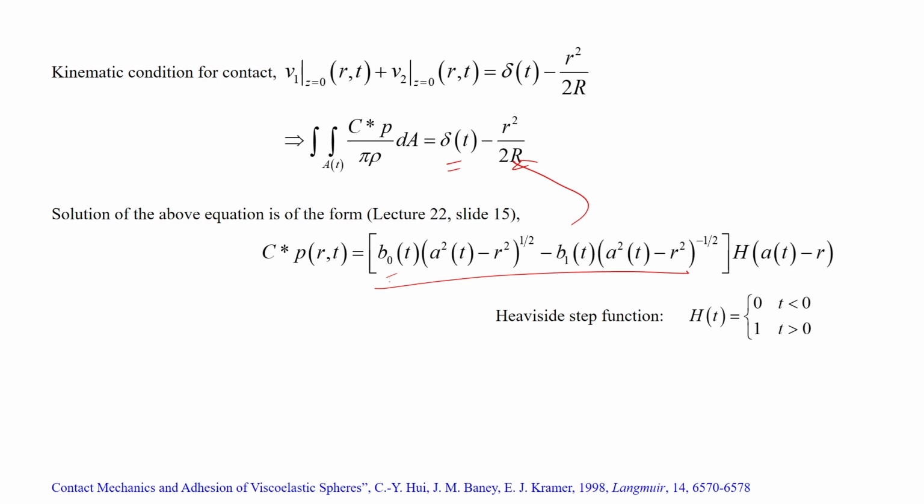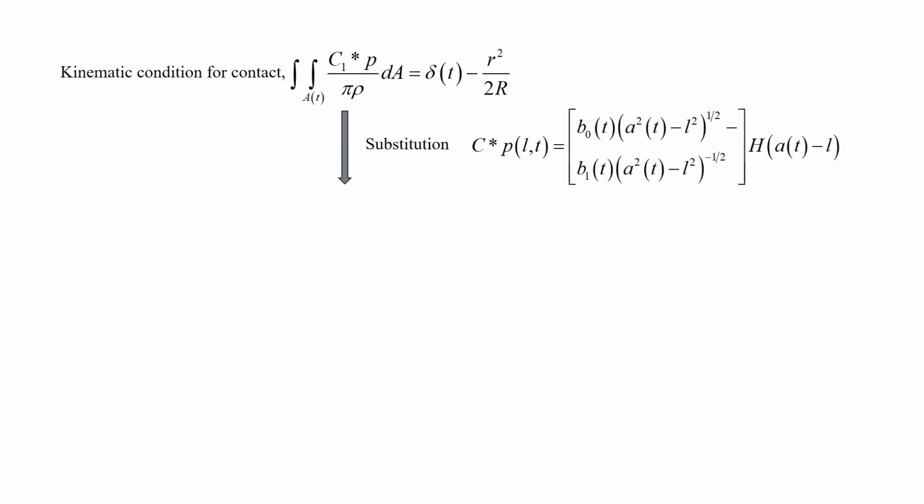So we have to do this integration over the area A, and it will look something like this. As I was telling you in the last lecture, this is the center of this area of contact. This is the point B, which is at a distance r from the center.